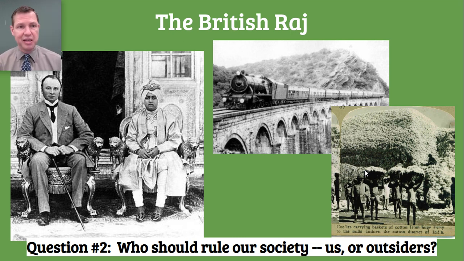India today has almost a billion people. The Indian subcontinent has almost a billion people. Even back then, we're talking about hundreds of millions who might be purchasers of British manufactured goods.